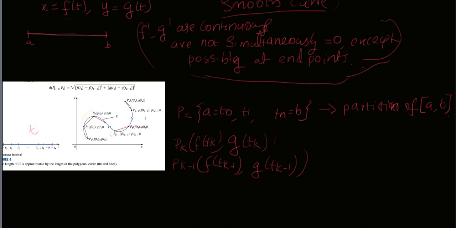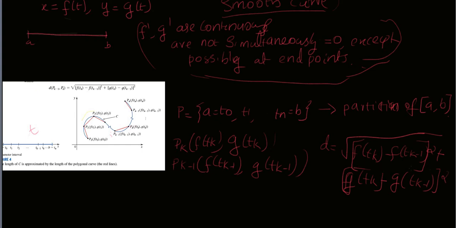The distance is the square root of the x-coordinate difference squared plus the y-coordinate difference squared. That is, the square root of f of tk minus f of t(k minus 1), whole squared, plus g of tk minus g of t(k minus 1), whole squared. This is the length of this segment.